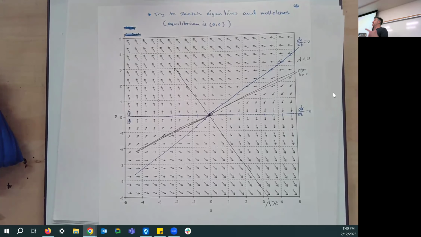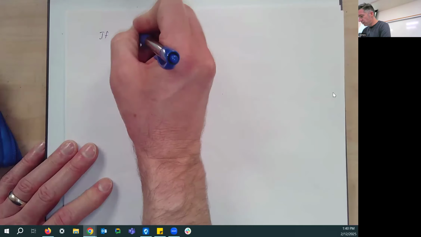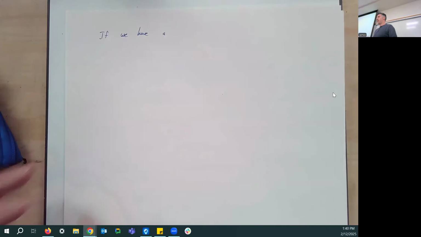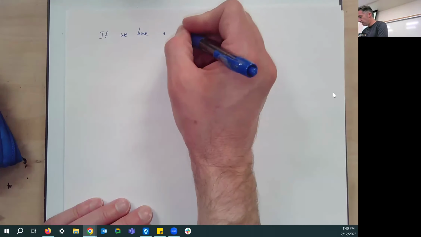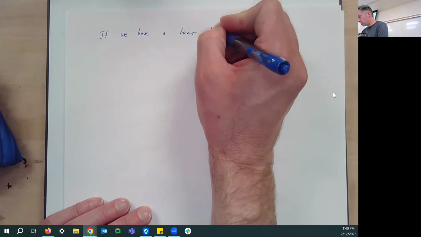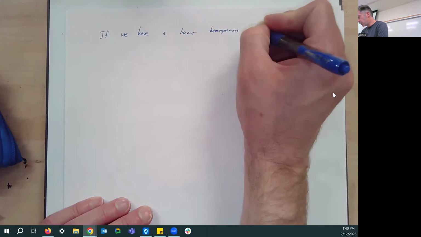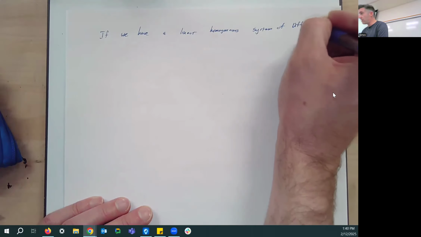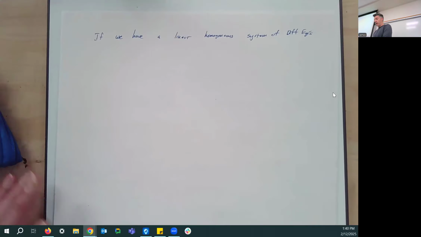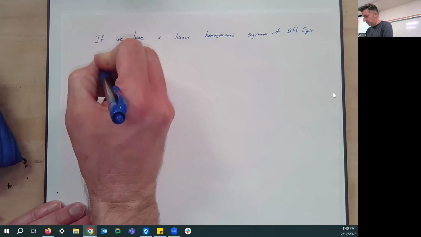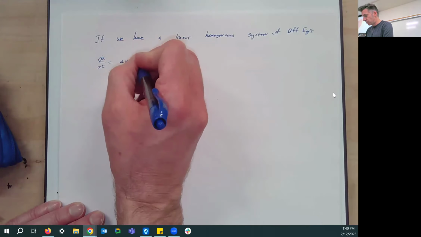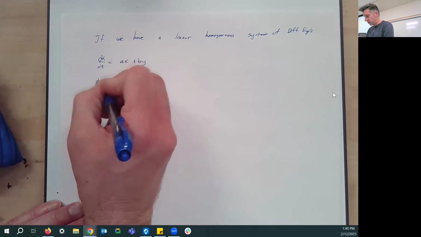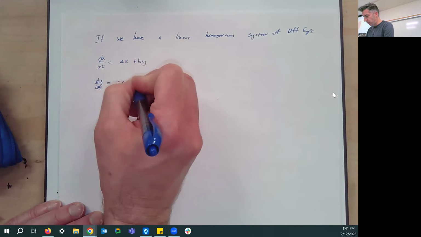So yes, the equilibrium, which is the origin. Well, let me actually write something down. What I consider the most basic situation is a linear homogeneous system of differential equations, meaning it's the very basic system we've been dealing with this whole time, where your dx/dt is just a multiple of x plus a multiple of y and dy/dt is also just a multiple of x plus a multiple of y.